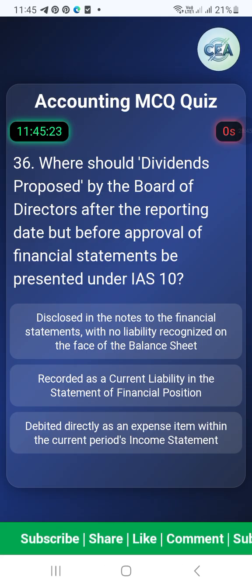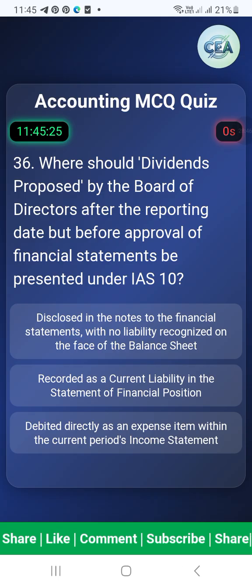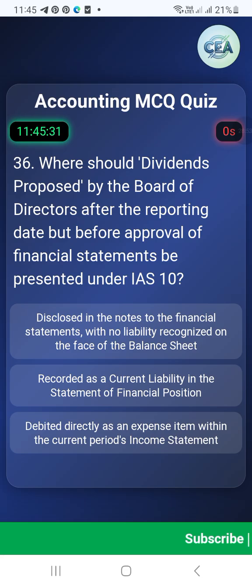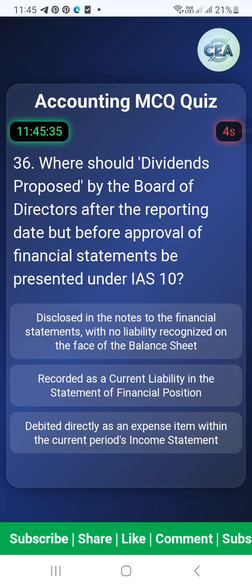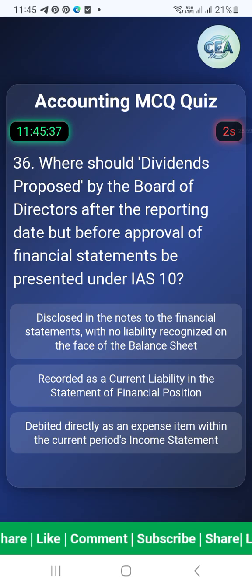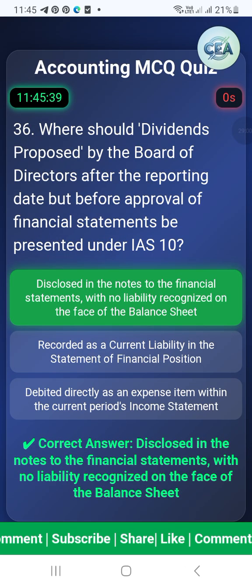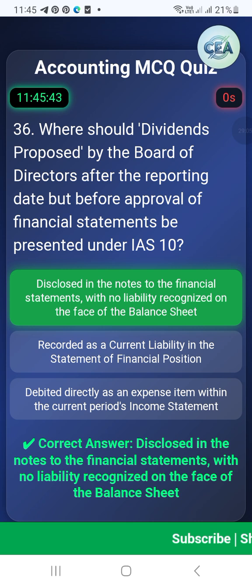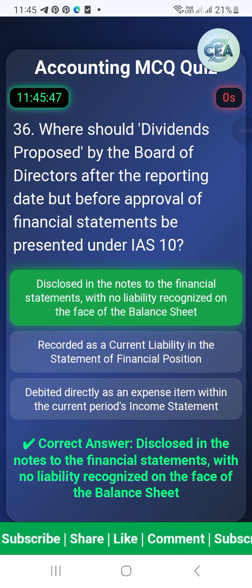Recorded as a current liability in the statement of financial position. Option 3. Debited directly as an expense item within the current period's income statement. Correct answer is disclosed in the notes to the financial statements, with no liability recognized on the face of the balance sheet.